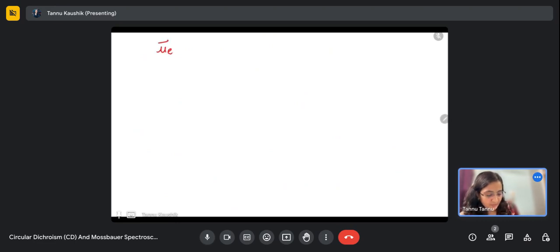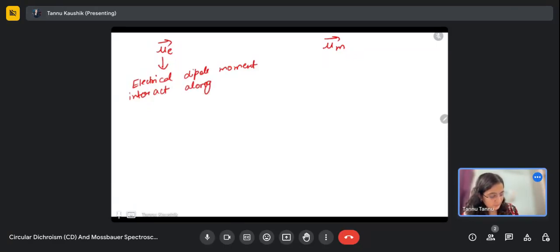So as we know, the electric dipole moment operates along the position vector, that is, along the x, y and z axes, that is, along a line.